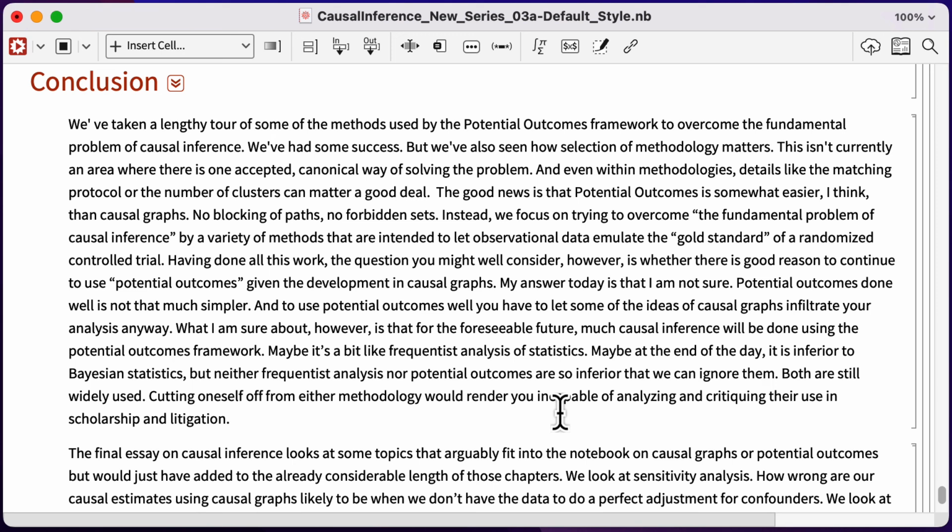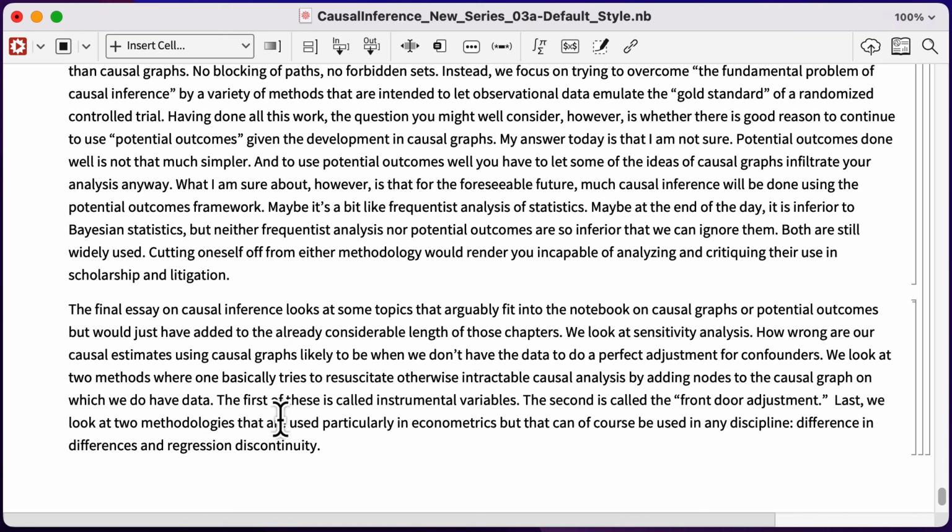It's a little simpler, and you don't have all the forbidden set stuff that can get complicated. But at the end of the day, probably you need to know both methods, because you're going to see both methods if you work in this field or do litigation in this field. But if it were my pick, I would tend to go for the do calculus of Judea Pearl.